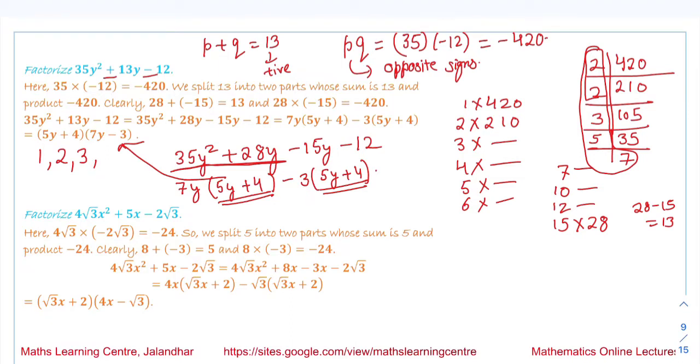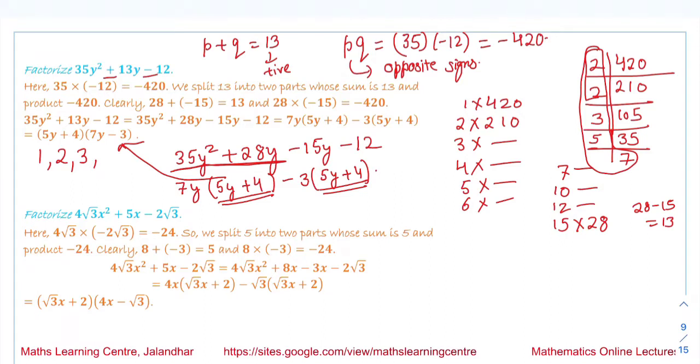So the main part of these questions is to find the p and q, so that we can write the middle term as p plus q. If you are able to write it, then the rest of the things are quite simple. Now next is factorize this equation.